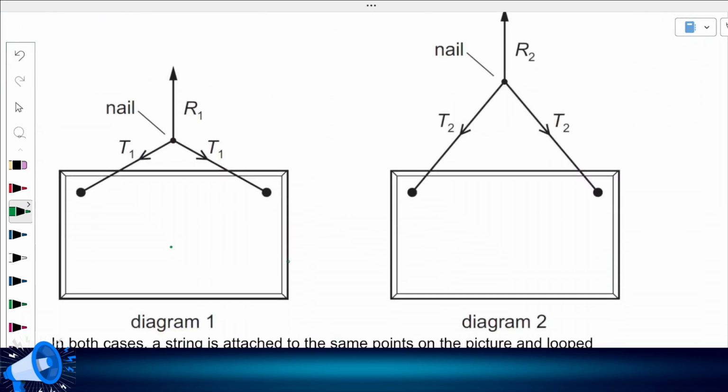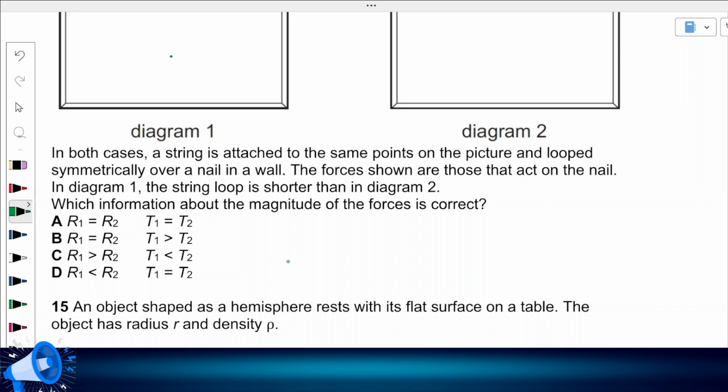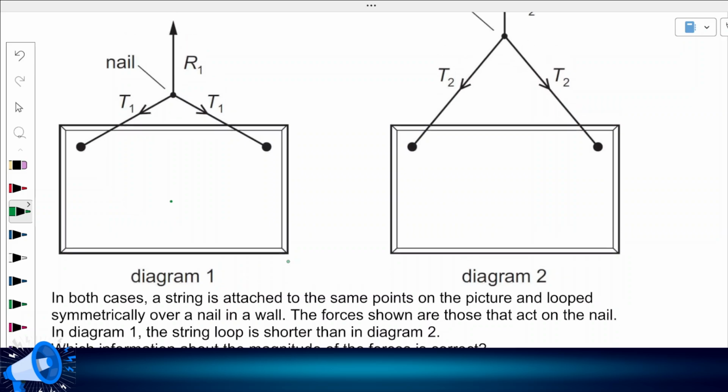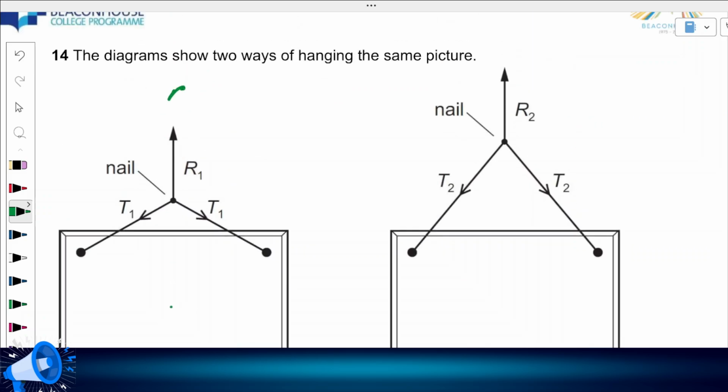Two ways of hanging the same picture. We need to compare the reaction force and the tensions. So you see R1 is equal to R2 because R1 equals the weight. The total downward force should equal the total upward force.